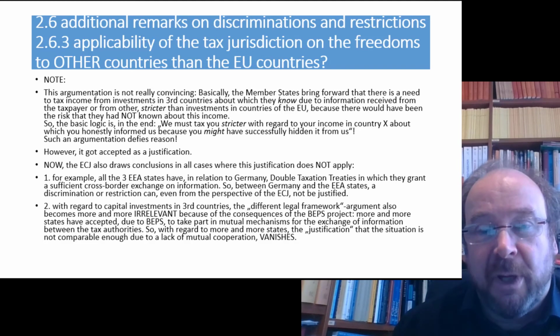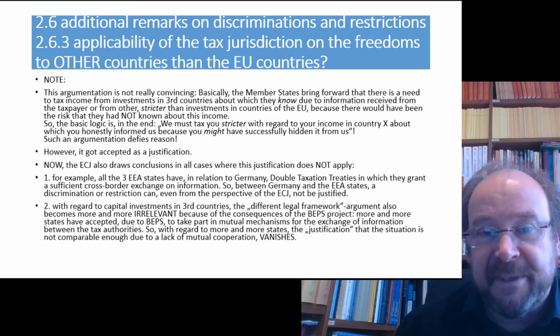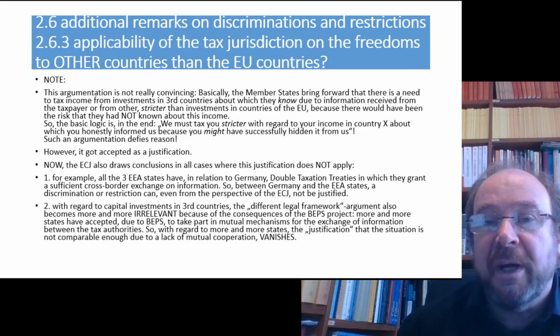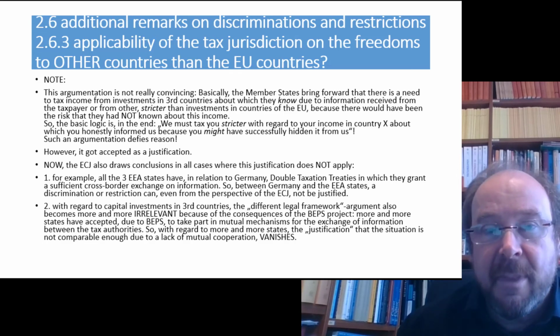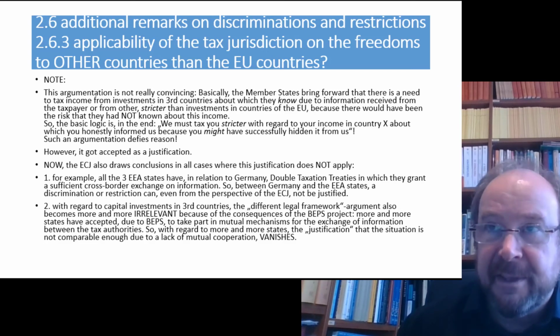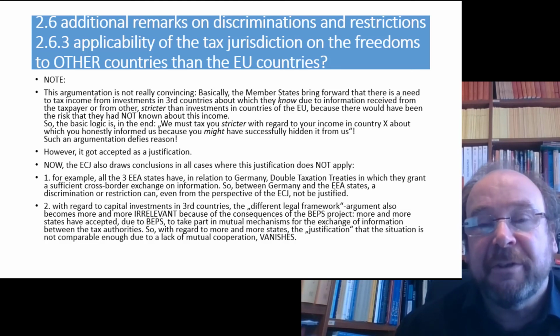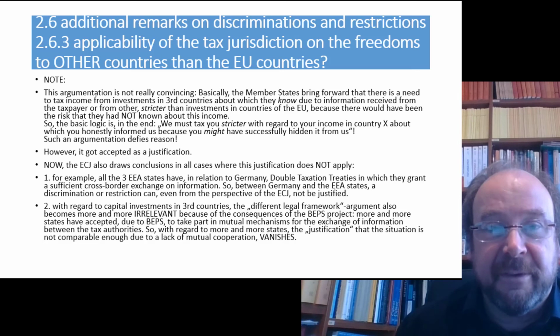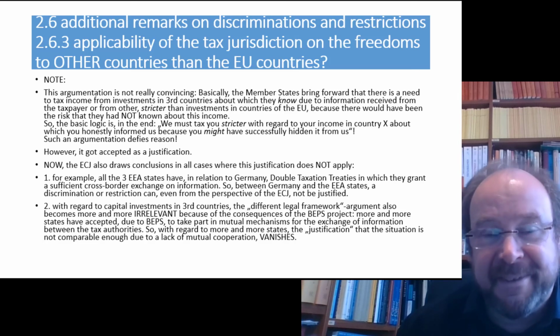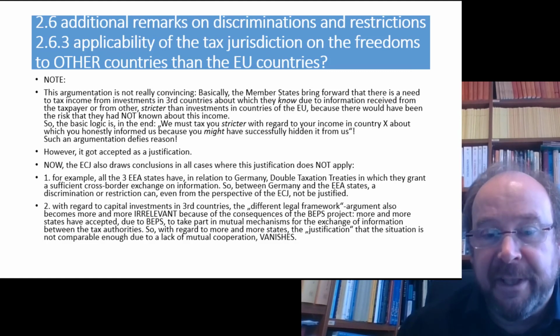And now, surprise, under the recent developments caused by BEPS and other things, more and more states begin to take up the obligation to practice a sufficient, wide and functioning exchange of information with the fiscal authorities of the EU member states, because there has been a high international pressure to cooperate.